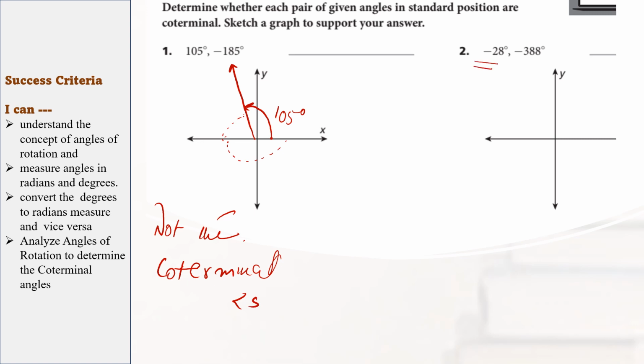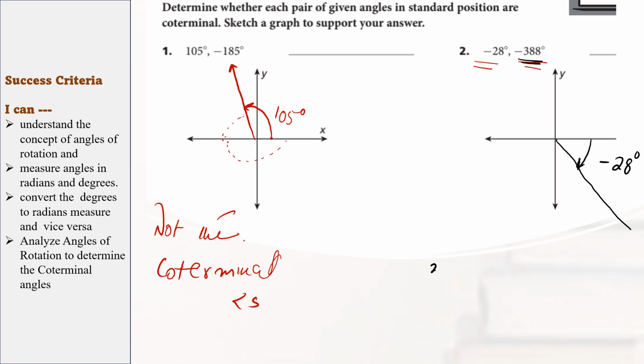Now let's see minus 28 degree and minus 388 degrees. So minus 28 degree is somewhere here, right? But it's the minus, it means that I have to go in the opposite direction. So it is here, right? So this one is minus 28 degree. Now the other is minus 388 degrees. So look, how can I make it minus 388?